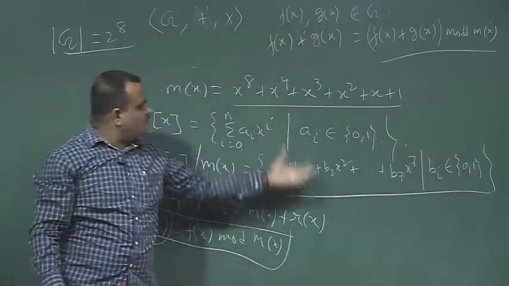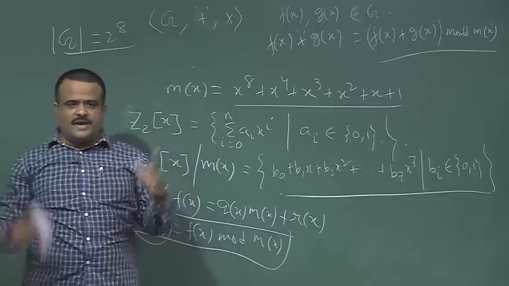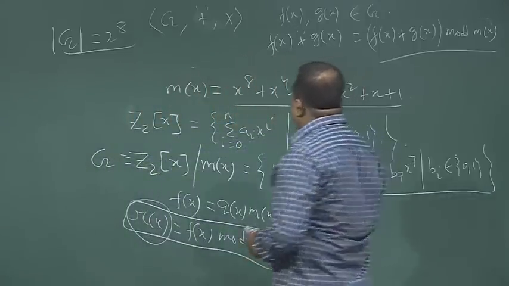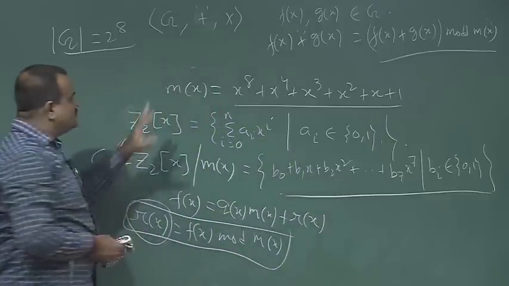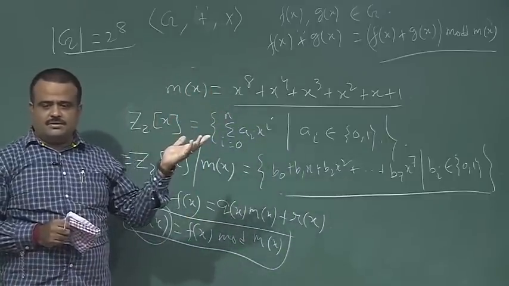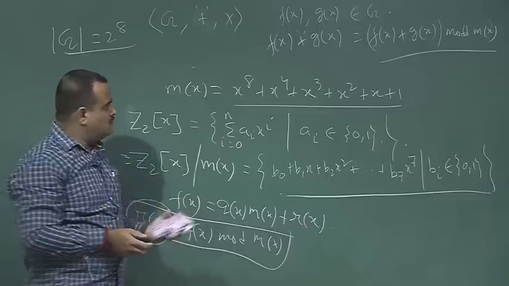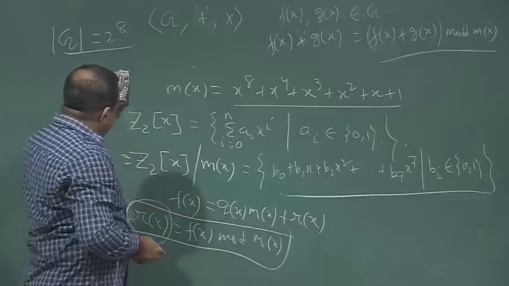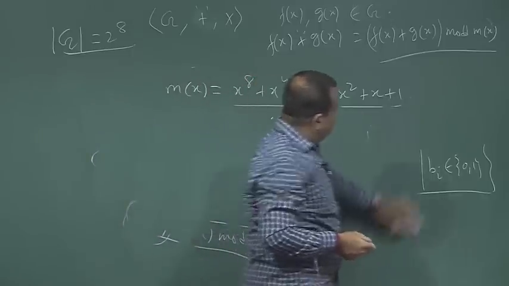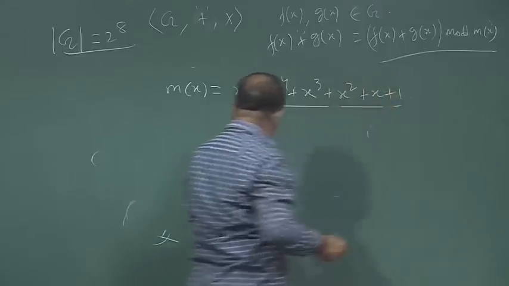That means we take any two polynomials of degree 7, we add them up, and then we take the mod. So, this is under the polynomial modular operation of m(x).